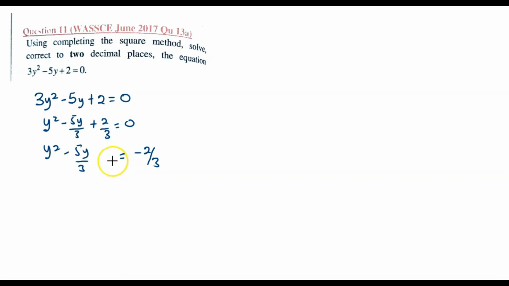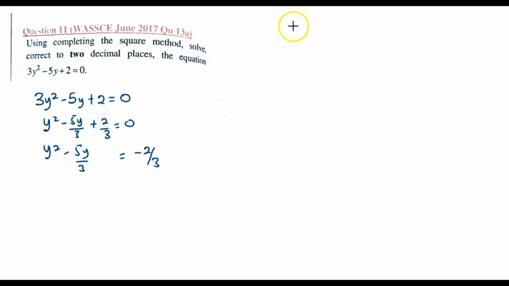It's a 3-in-1 process. Select the coefficient of the variable under discussion, the y, half it, square that value, and then add it to both sides of the equal to sign. So our coefficient of y is negative 5 on 3.